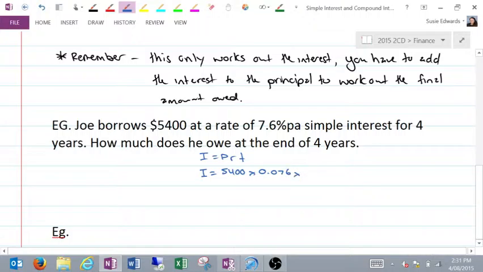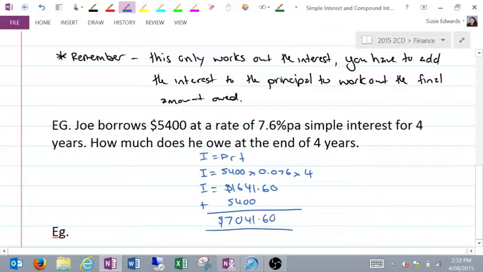And our time? 4. 1,641.6. Okay, is that our answer? No, that's our interest. So we add on 5400. And Mitchell, what do we get? Perfect. That's our final answer.